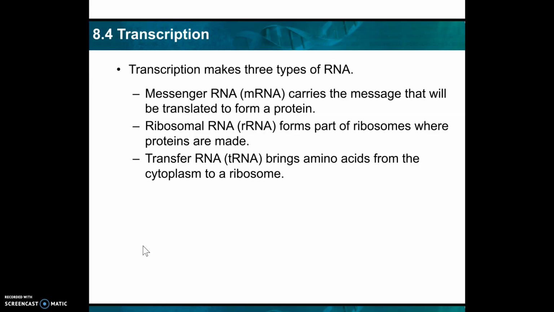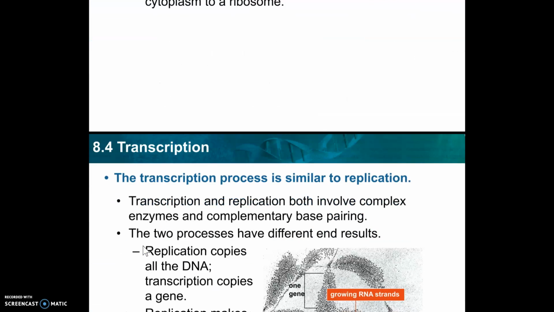This is going to help that messenger RNA become a protein by forming part of the next complex needed for translation. And finally, tRNA, transfer RNA. This is going to also help out in the translation complex by bringing amino acids from the cytoplasm to a ribosome.